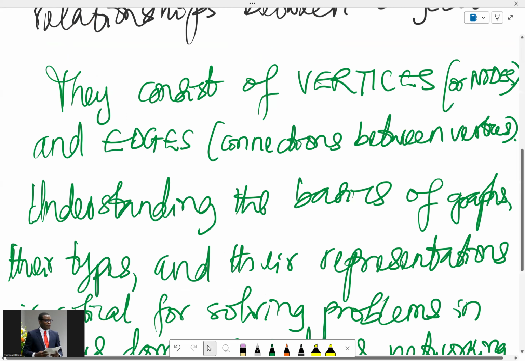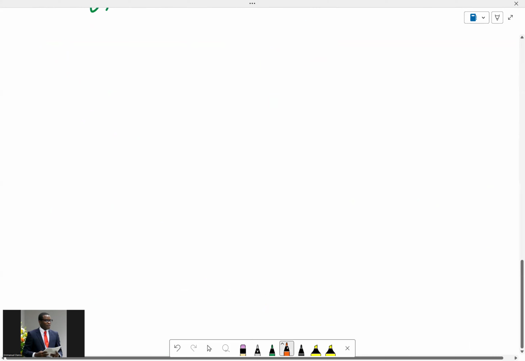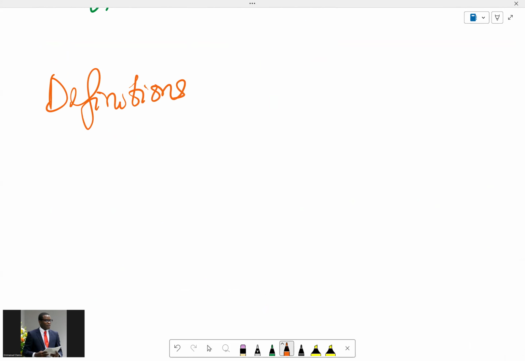Now let's talk about some key definitions. I've mentioned vertices or nodes and also edges, which are connections between vertices. Let's start with the idea of a graph. What is a graph?